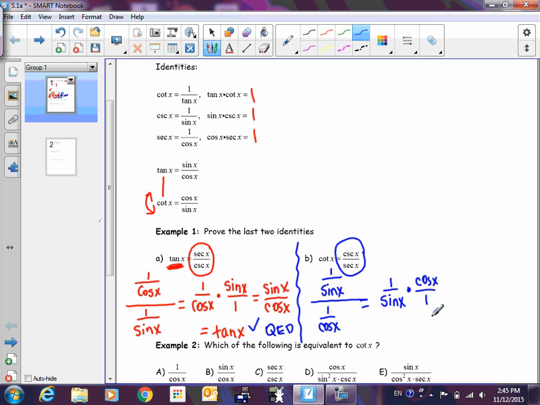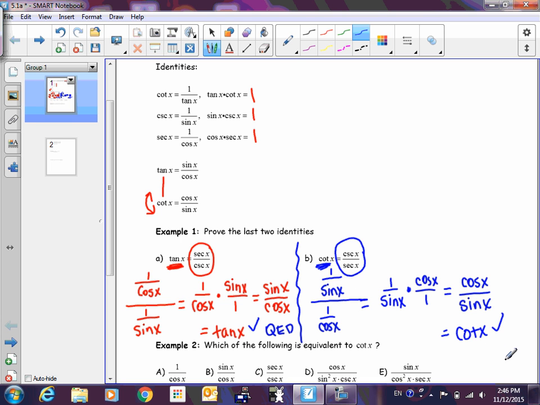Dividing by a fraction is multiplying by its reciprocal. Now to multiply these, I would just do 1 times cosine x. That's cosine x. Sine x times 1, that's sine x. And do we have an identity that tells us what cosine x over sine x equals? Cotangent x, right there. Which is what we wanted to prove that it equaled.